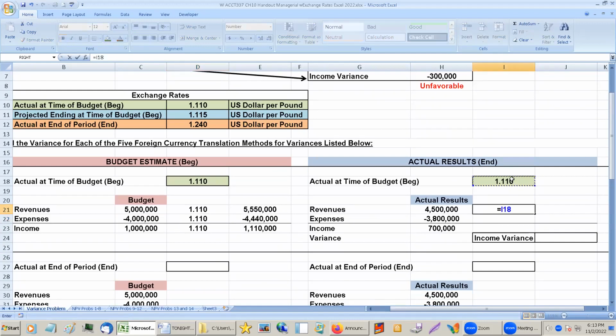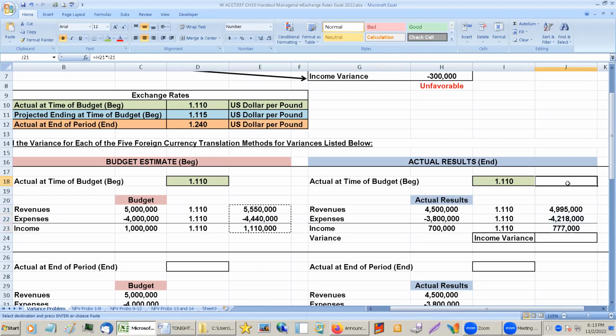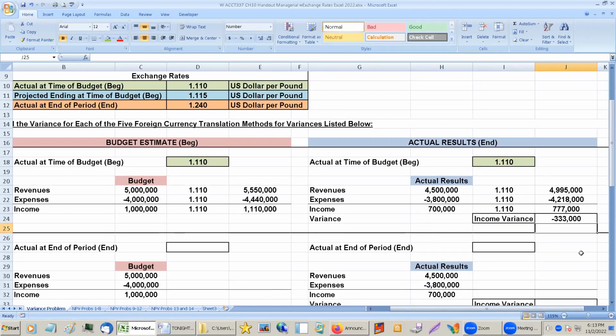Same thing over here. And we'll get the difference: take the actual minus the budget. And so this is a variance of $333,000, and this is unfavorable.